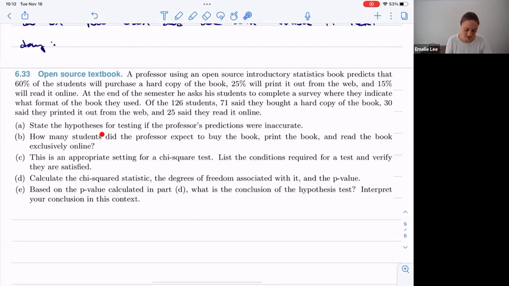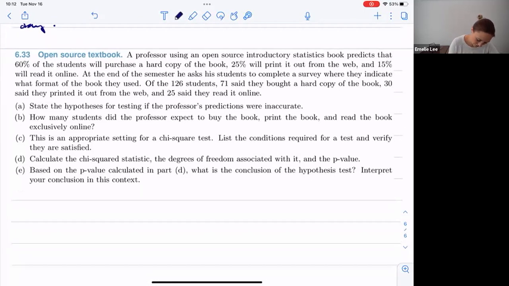First, we're going to state the hypotheses for testing if the professor's predictions were inaccurate. Here, what's tricky and what I don't like about chi-squared is there's no exactly right hypothesis, but the null hypothesis always has to be that we assume that our sample is the same as the expected distribution.